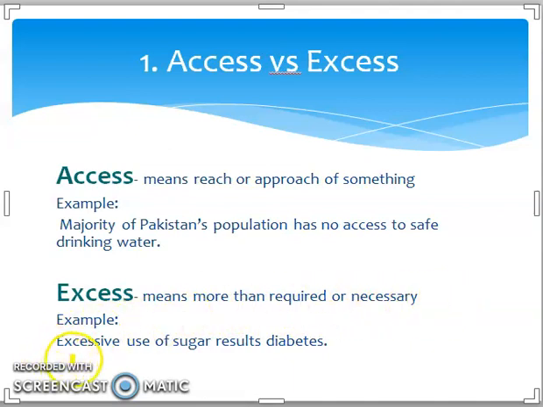Example, excessive use of sugar results in diabetes. Yeah, it's true, right? That using sugar in a large amount, or more than required or more than necessary, will result in what? Diabetes. So let's move to the next.